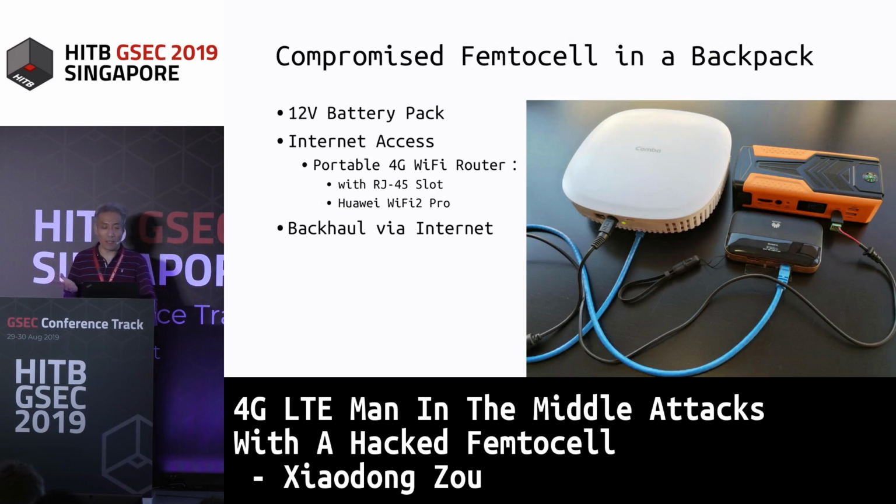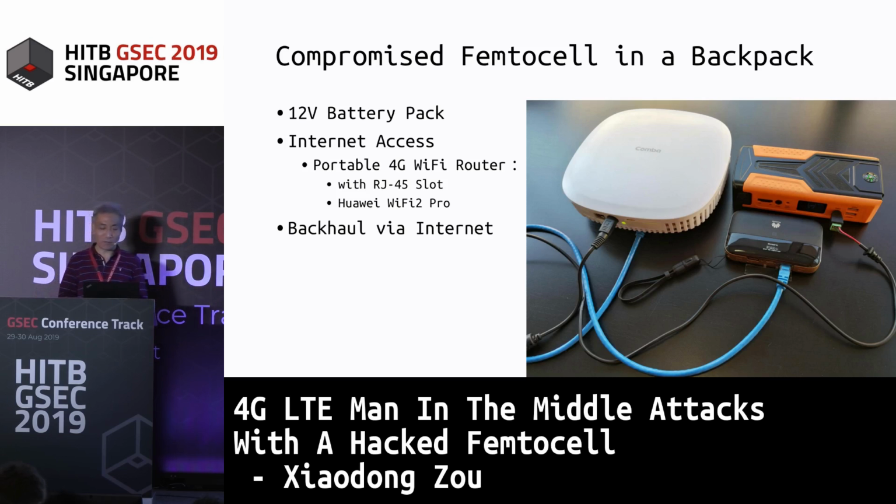Now we have a compromised femtocell, which is not very big. For example, this one, combined with a battery pack and a 4G internet router, which can provide internet access to the backhaul. You can pack all this in your backpack.